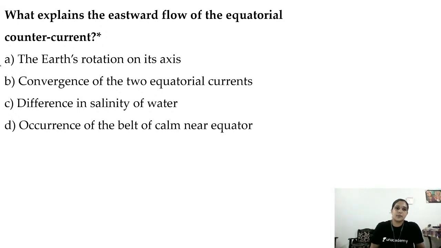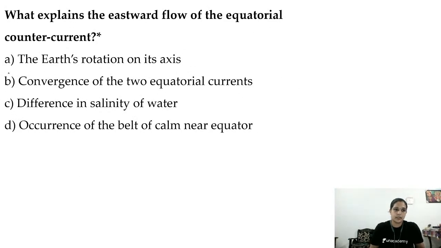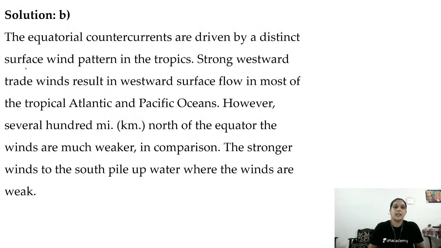What explains the eastward flow of the equatorial countercurrent? Okay. So the convergence of two equatorial zones. The equatorial countercurrents are driven by distinct surface wind patterns in the tropics. Strong westward winds result in westward flow in the tropical Atlantic and Pacific Ocean.